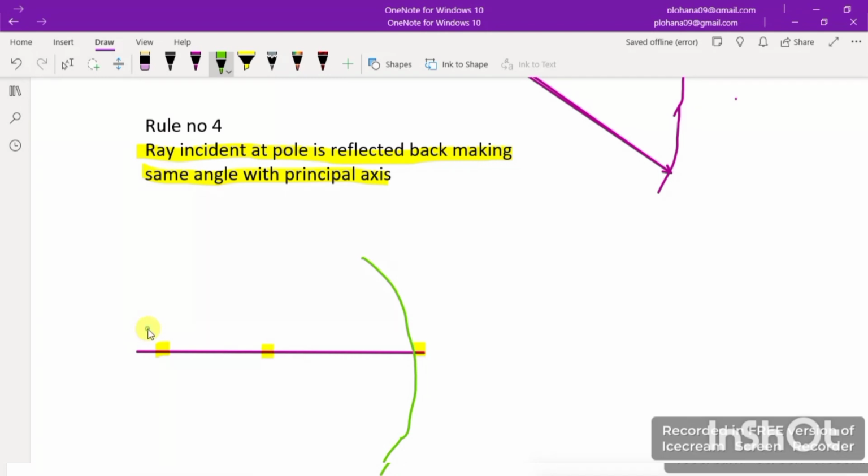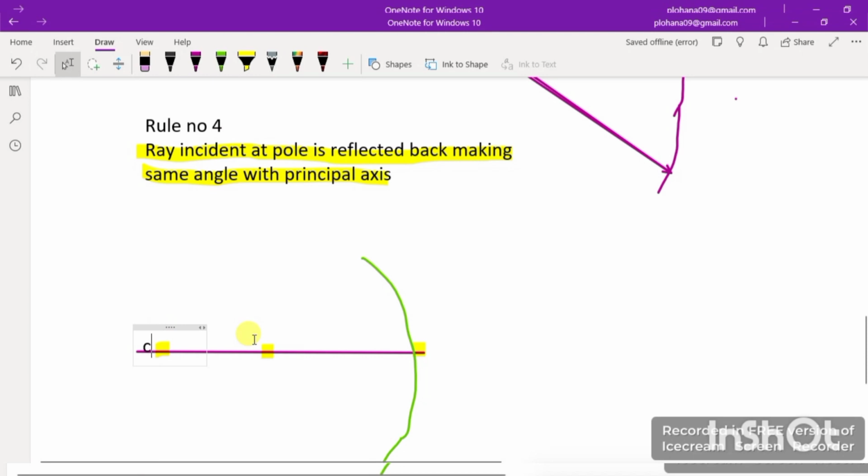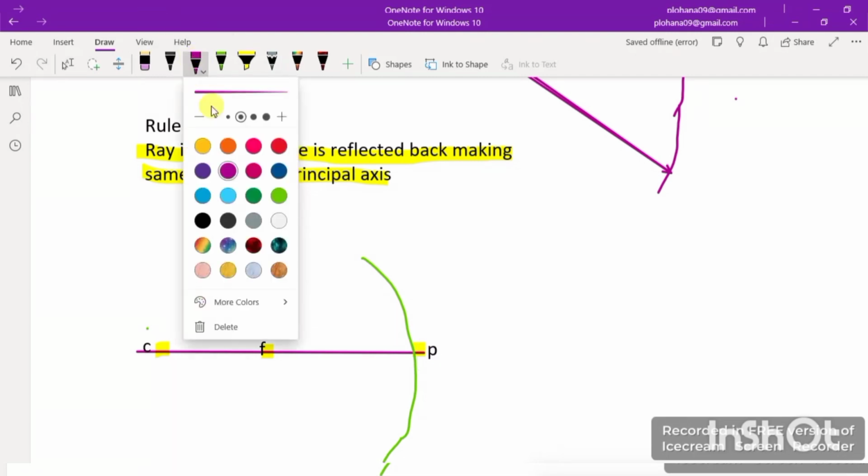Now I'm going to mention them. This is C, the center of curvature. This is F, the focal length or focus. And this is P, the pole, right? Now I'm making rays here with blue color.